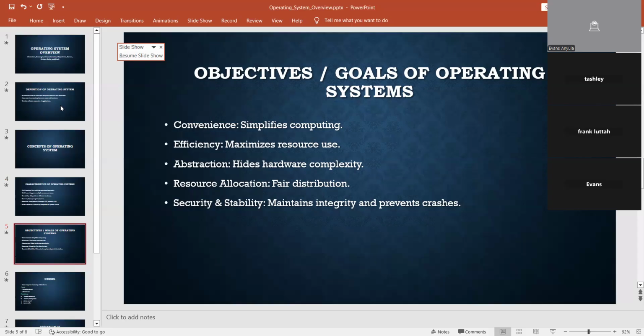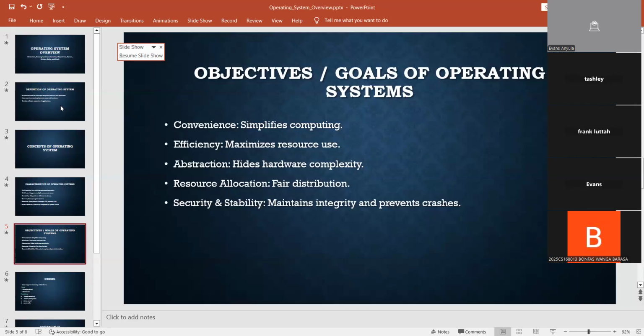We have convenience, efficiency, abstraction, resource allocation, and security and stability. Under our first objective, we say it is convenience because it simplifies computing. Efficiency, since it enhances resource use. Abstraction, meaning what?